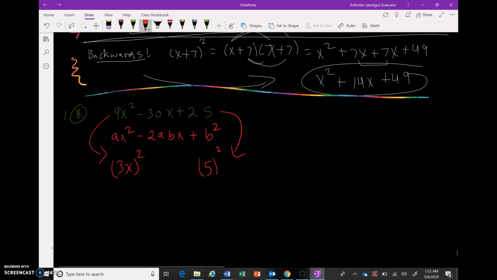And if we look at this middle part right here, well, multiply your a and your b. What do you get? What's your a times your b?